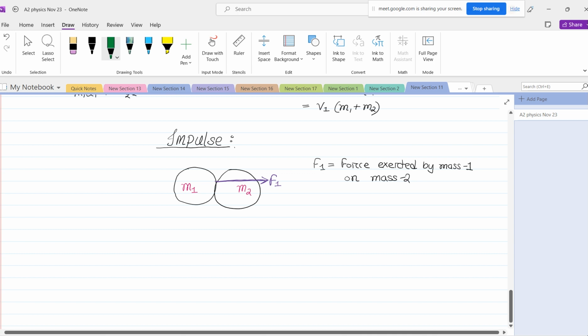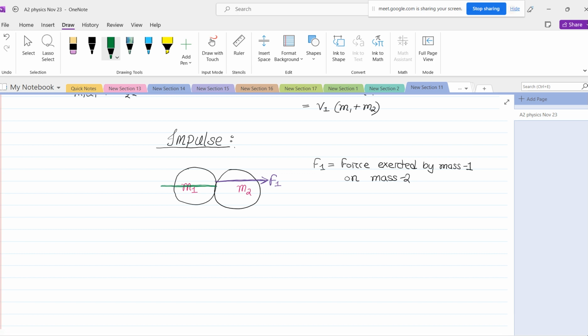And there will be another force towards the left. And this is the force exerted by mass 2 on mass 1. So this is going to be F2. So these are the two forces that act on the particles during collision.